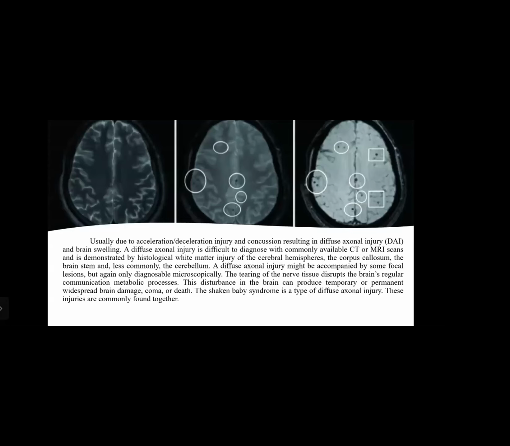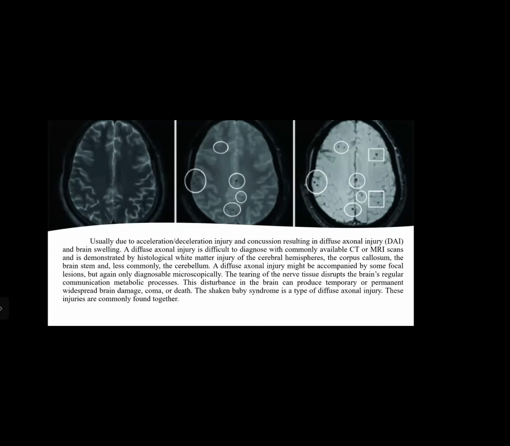So this one is the other type, which is the diffuse one, whereby it's usually due to acceleration and injury of the concussion resulting in diffuse axonal injury, DAI. The brain swelling.